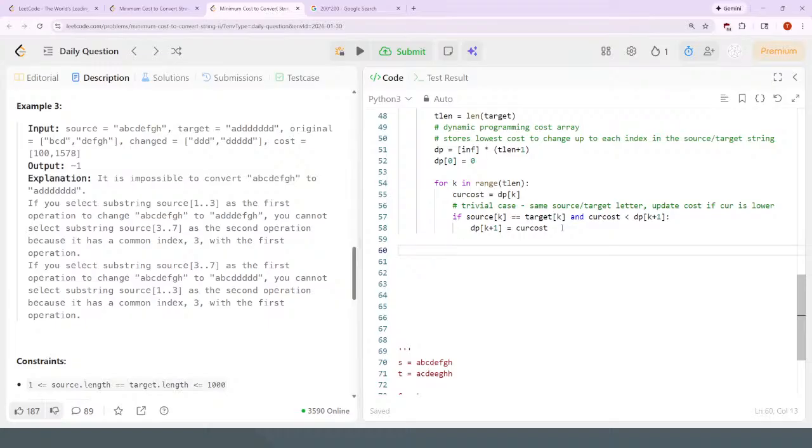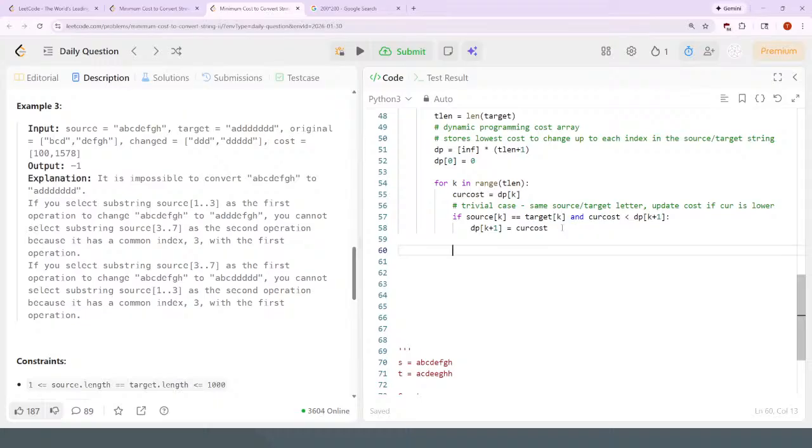Alright, now for the non-trivial case. So every possible thing. Okay. Seems like this is gonna be really slow.